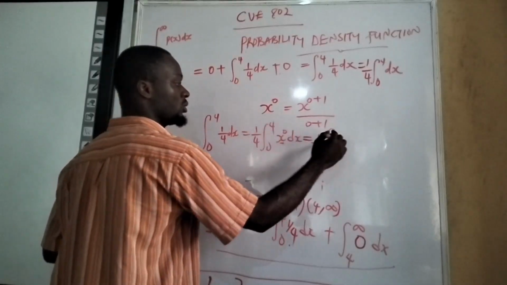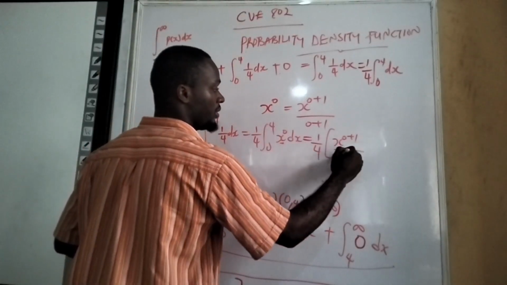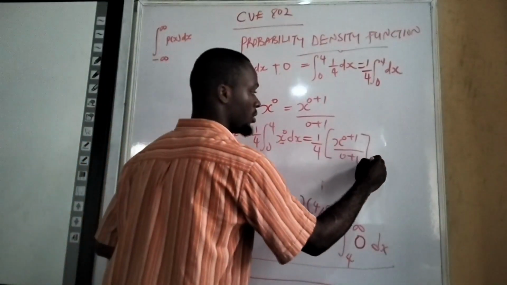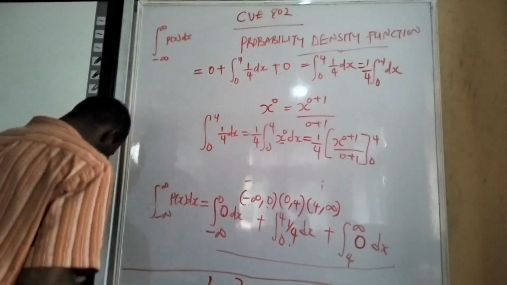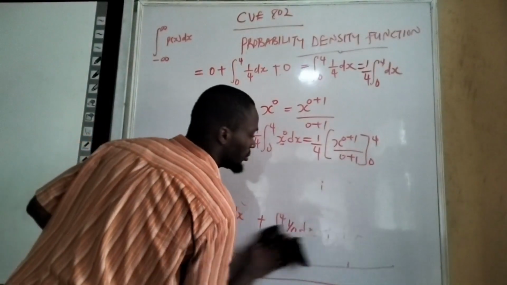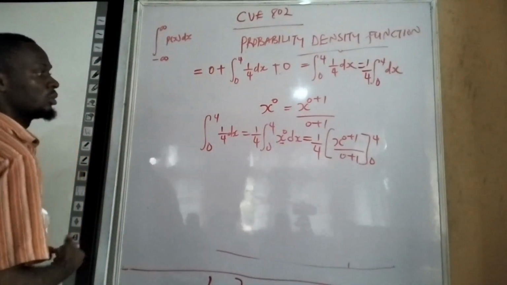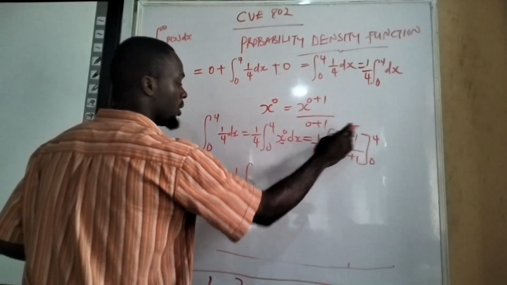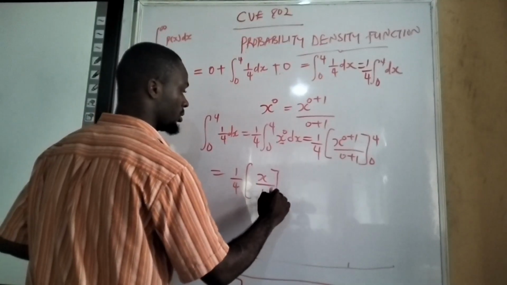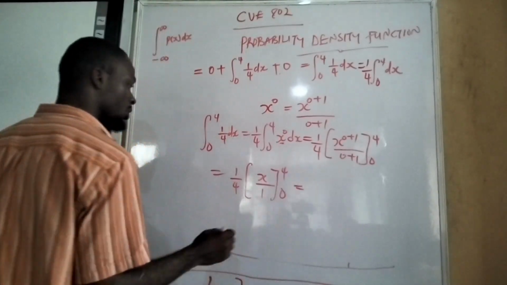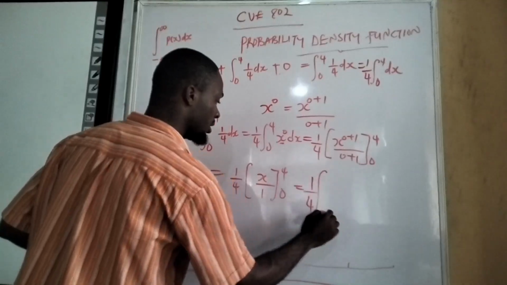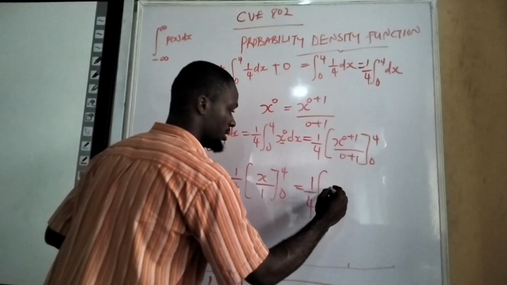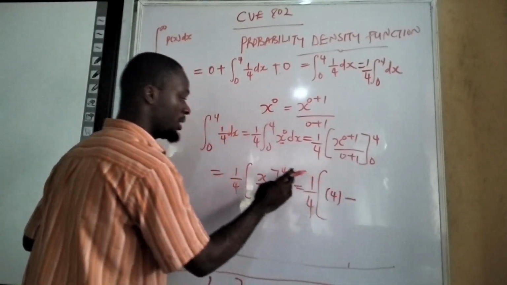Integral means add 1 to the power, divide by that, and we take limits from 0 to 4. 0 plus 1 is 1. The limit is saying replace x with 4, minus, replace x with 0.